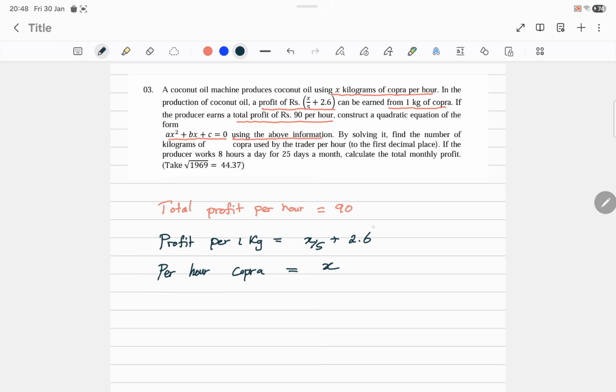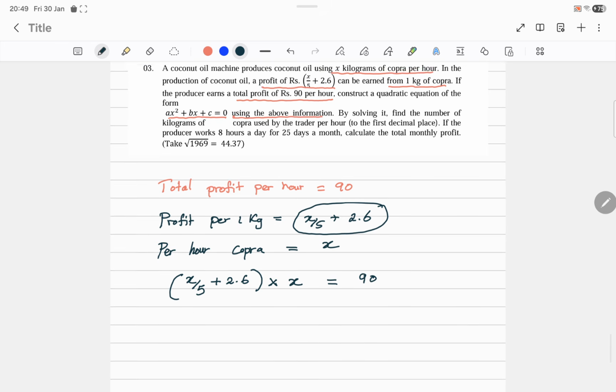So this is 1 kilogram profit, no? Per hour you are using x kilograms. So then per hour profit is what? x over 5 plus 2.6 is the 1 kilogram profit, and we are using x kilograms per hour, so you have to multiply by that to get the total profit per hour, which is given to us as 90.